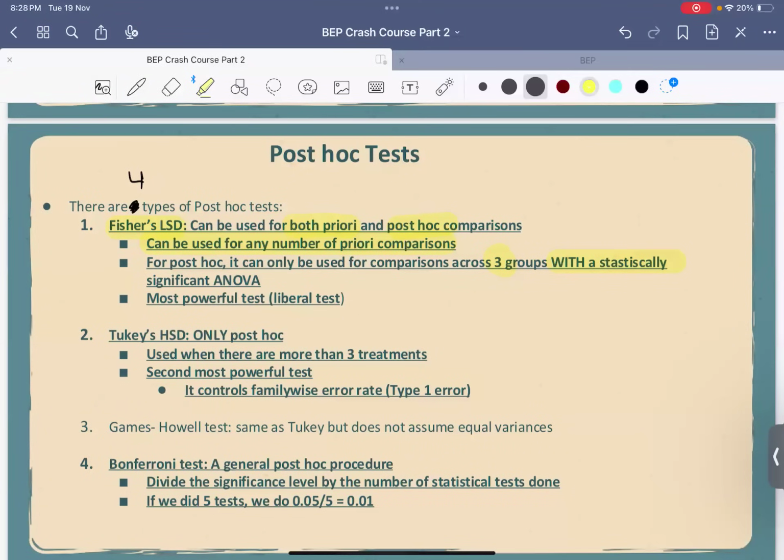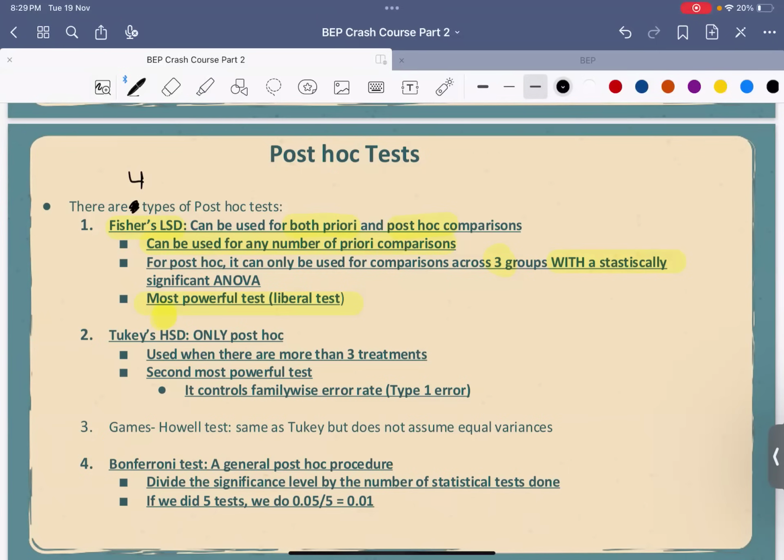However, if I have 3 groups and the F value is 5.4, then I can use Fisher LSD, and it is the most powerful test. It's called the liberal test. It's the most powerful post hoc test. This is definitely a question in the exam.